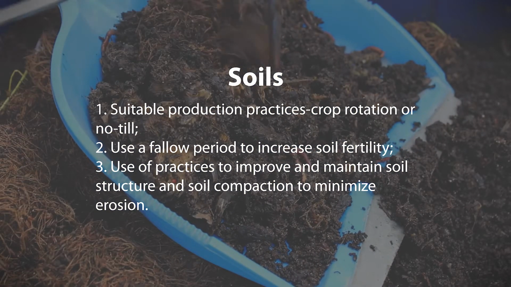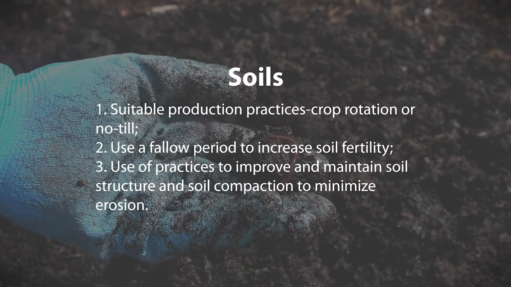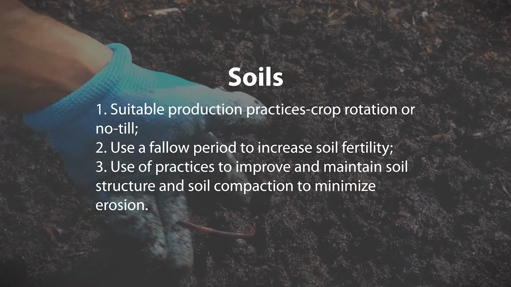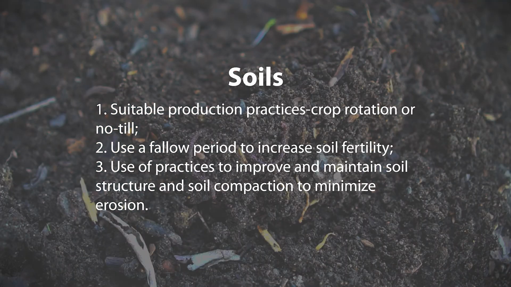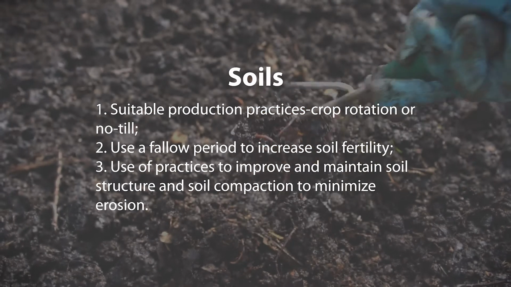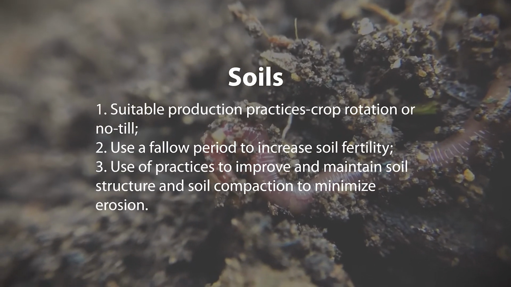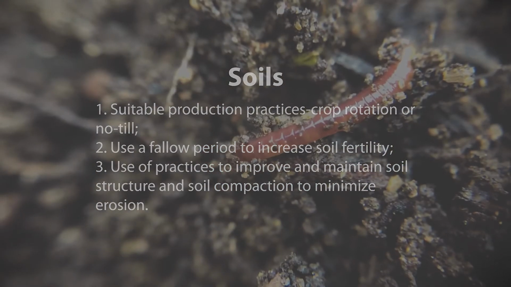A fallow period can be used to increase soil fertility, and practices implemented to improve and maintain soil structure and soil compaction in order to minimize erosion. Take some time to read the technical bulletin on soil test procedures for calcareous rockland soils for the Bahamas.